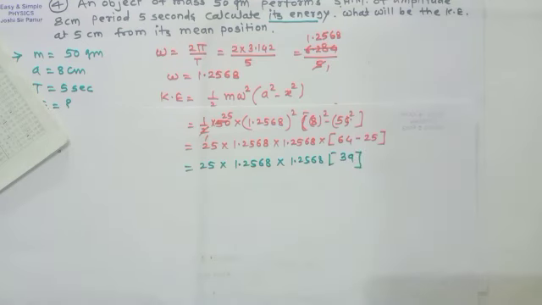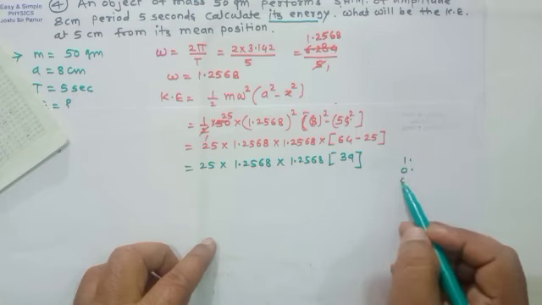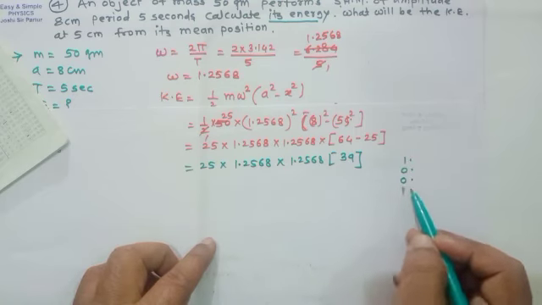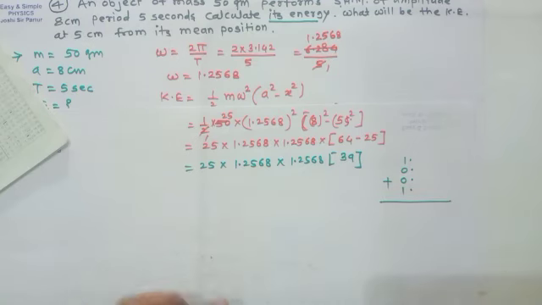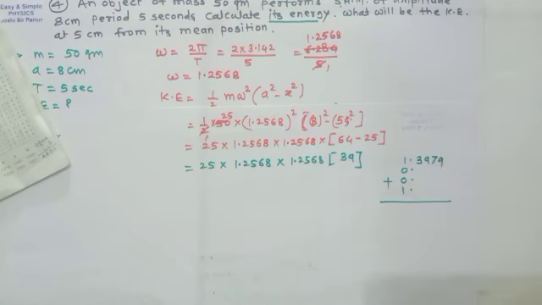If we take the log, so log of 25 is 1.3979, log of 1.2568 is 0.0969, and in 6 mean difference, 6 will be 17, 17 means 7 is added, it becomes 0.0988.